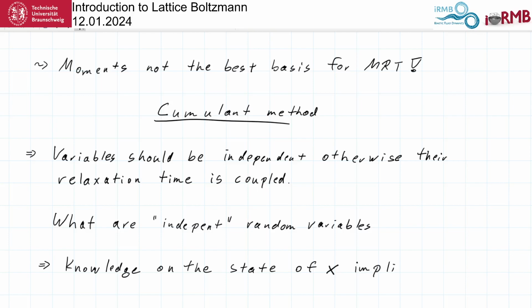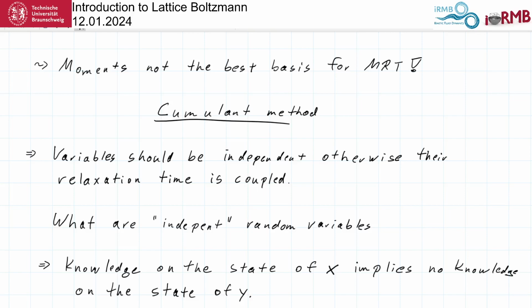And this implies no knowledge on the state of y. Then the two are independent of each other. So no knowledge means no knowledge on the probability.